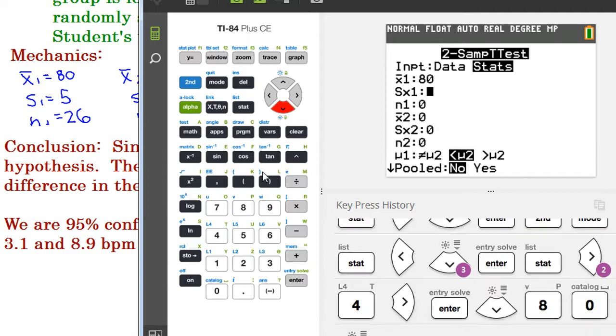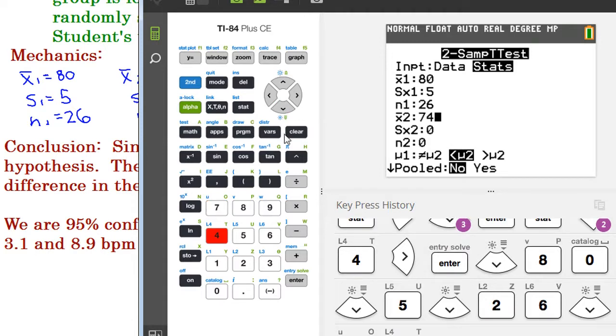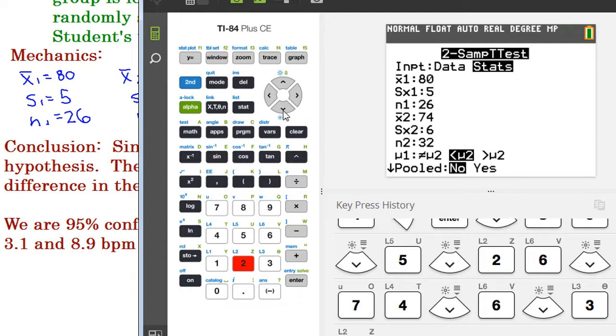Our standard deviation there is 5 with an n value of 26. And then the x bar of group 2 was 74. Standard deviation was 6 with an n value of 32. We are doing a two-tailed test.